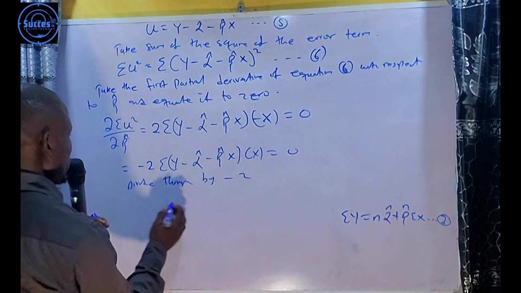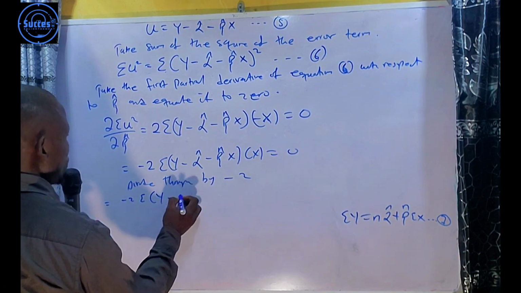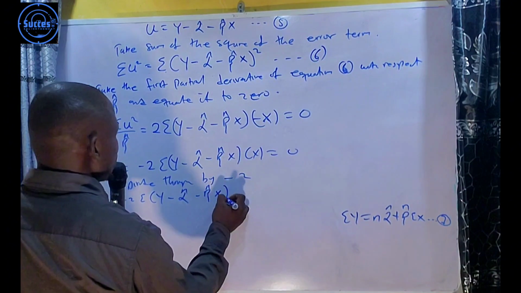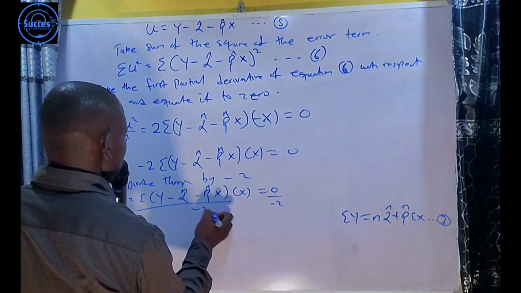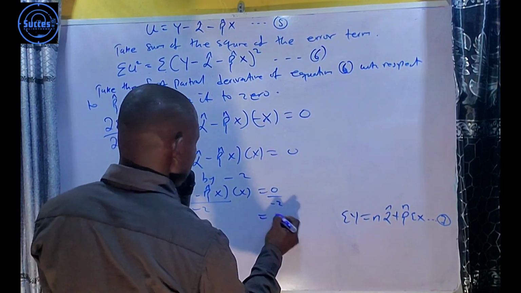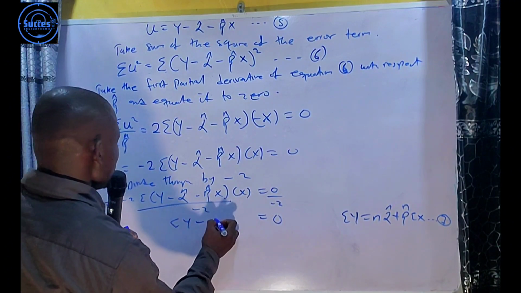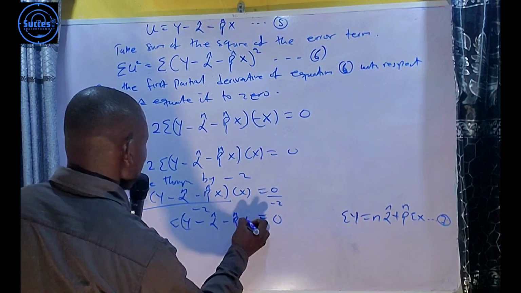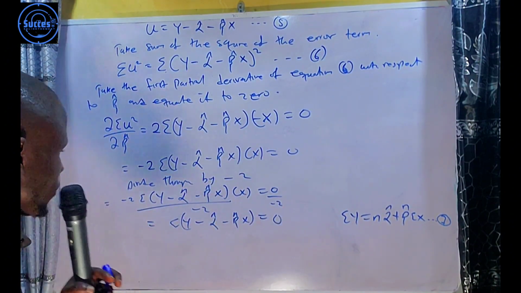If you divide through by minus 2, you have minus 2 summation of y minus alpha cap minus beta cap x, times x, equals 0, divided by minus 2. 0 divided by minus 2 is 0. This cancels, and we have summation of y minus alpha cap minus beta cap x.